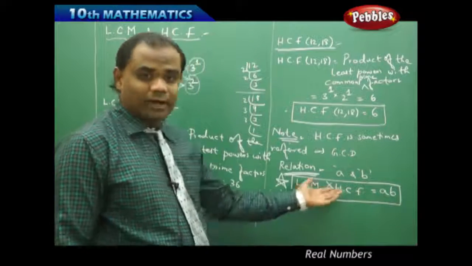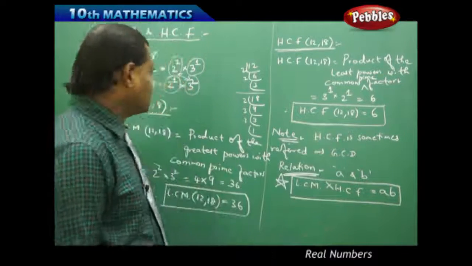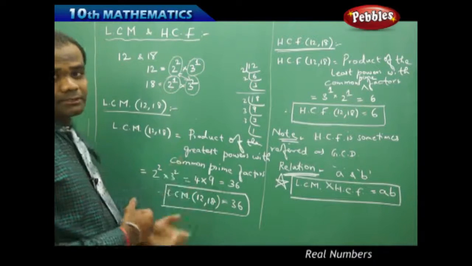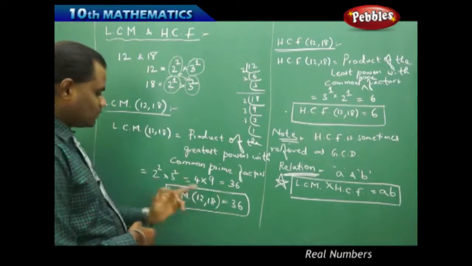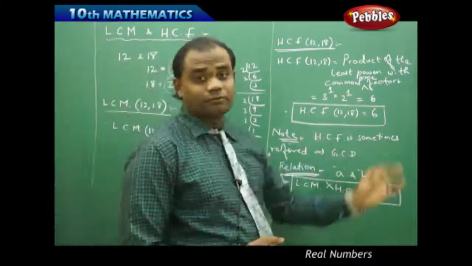This can be verified using the previous example above, where A and B are 12 and 18 respectively, and LCM is already found to be 36 and HCF is already found to be 6.